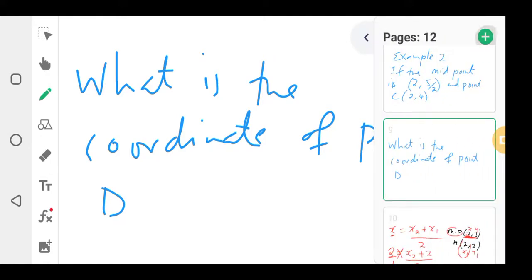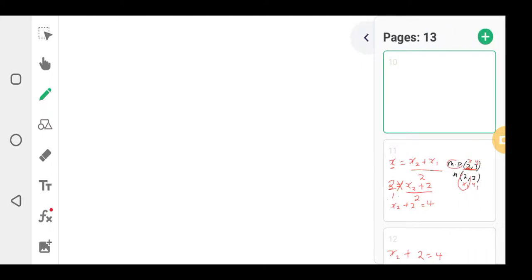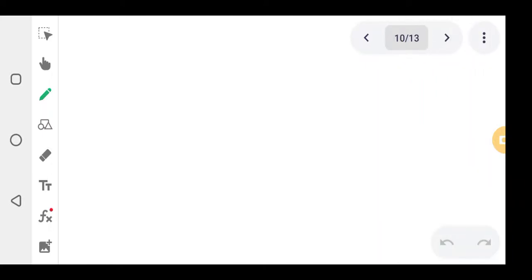Okay, so we start solving this. The first thing is we first put the midpoint. Roughly what I'm trying to say is this line is like this. There is this part and this part.